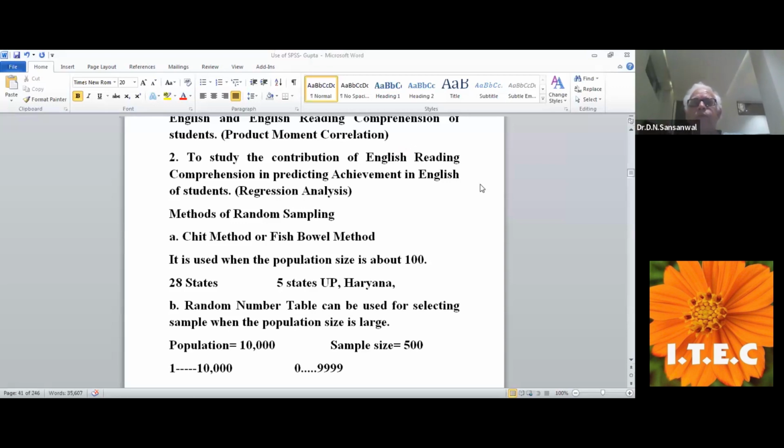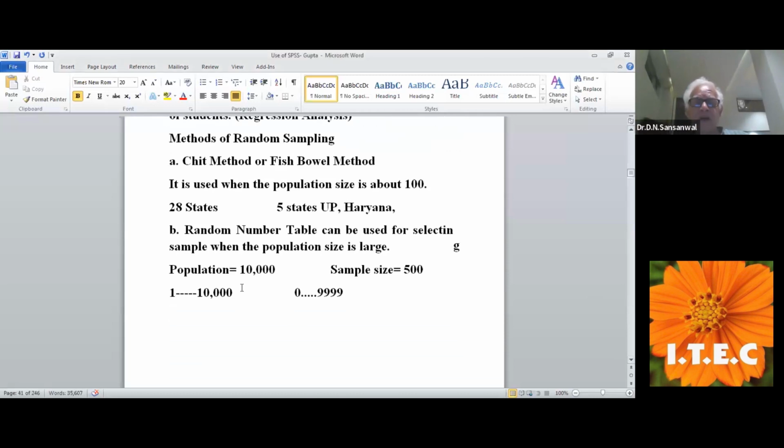Now, when I come tomorrow, you have to tell me that if I have 10,000 and I want to select 500, then how many columns should I take at a time, or how many rows should I take at a time. You think about it and come back tomorrow with the answer to the question. Any question you want to ask, then I proceed further.